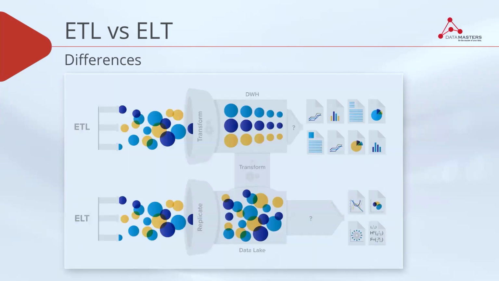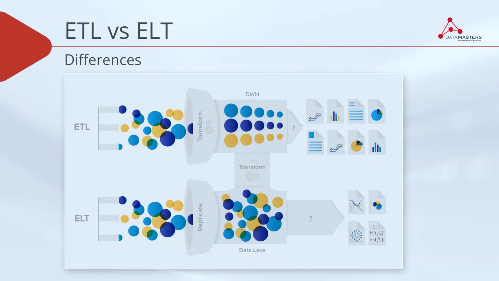So what are the main differences in ELT? On the ETL side, if we look at the picture, we have these bubbles, the data, and this data is the raw data. There is no filtering here. We get that from various sources, and later on we send this raw data to what we call a staging area.